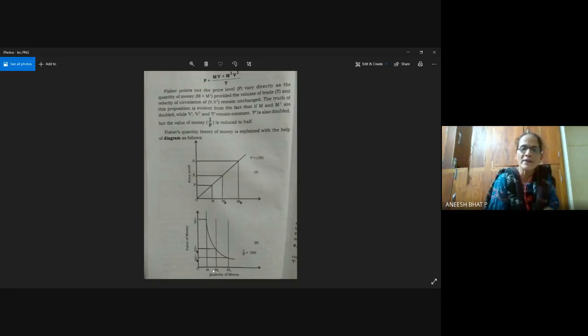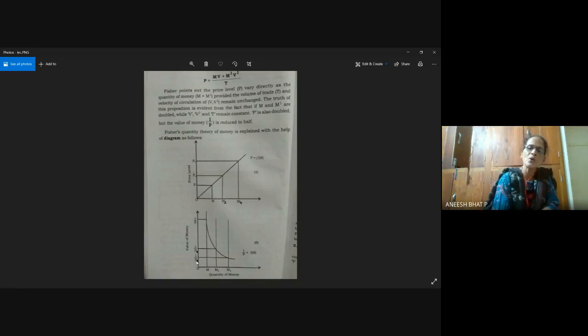Again, when supply of money increases from OM2 to OM4, there is a fall in the value of money from 1 by P2 to 1 by P4.